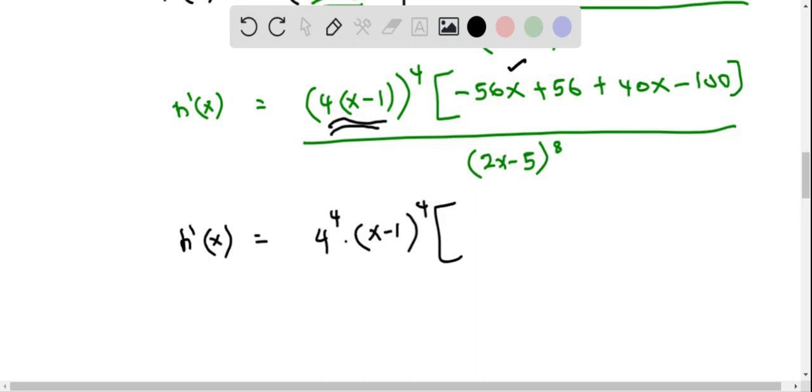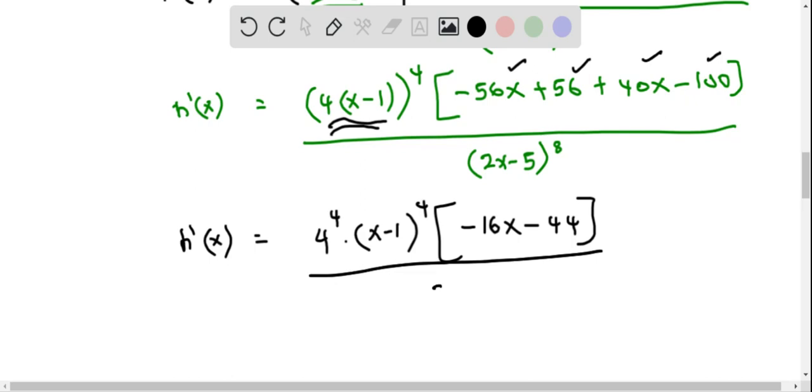These two are like terms, that is -56x plus 40x. These two combine and give -16x, and 56 minus 100 gives -44. And this is all over (2x - 5)^8.